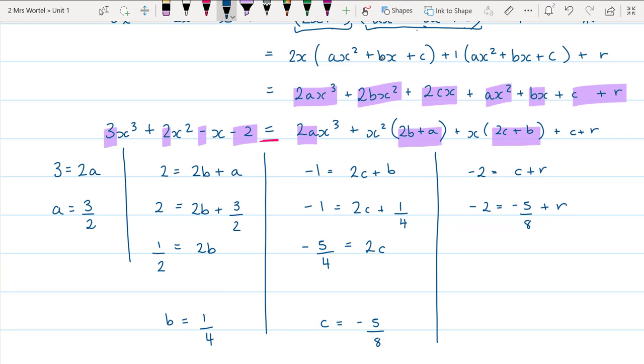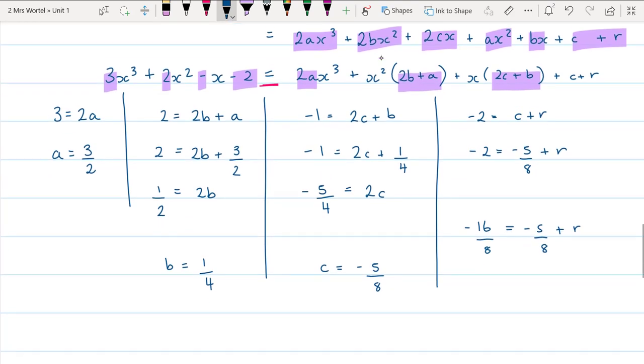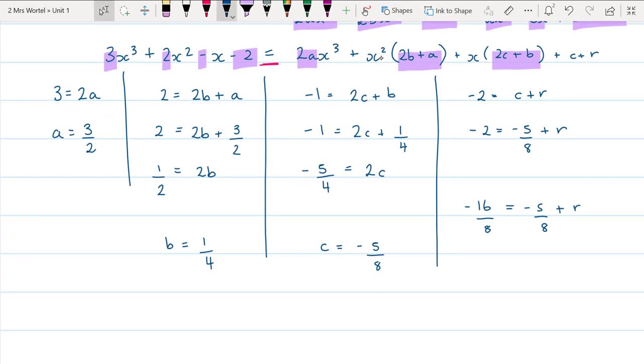I want r by itself, so I'm going to add 5 on 8 to the other side. -2 is the same as -16 on 8, just to make that really clear. If I add 5 on 8, I'll be left with -11 on 8 is equal to r.